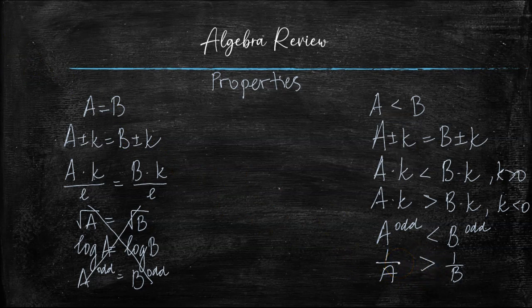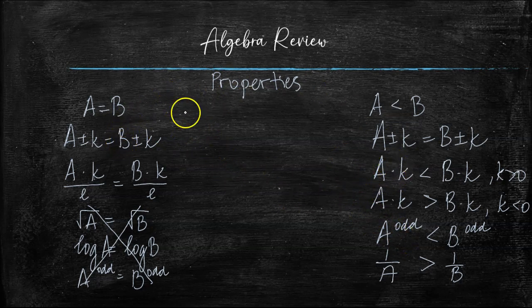What's the pattern here? The pattern is that if you apply an increasing function to both sides, the inequality will not change. If you apply a decreasing function to both sides, then the inequality will flip. So, as you know, reciprocal is a decreasing function, so the inequality will flip.